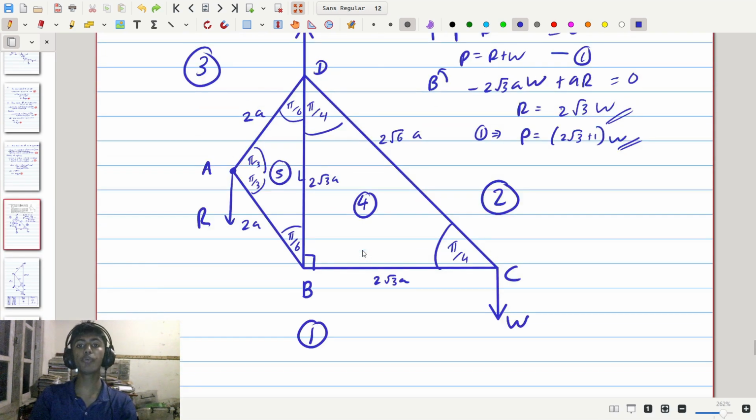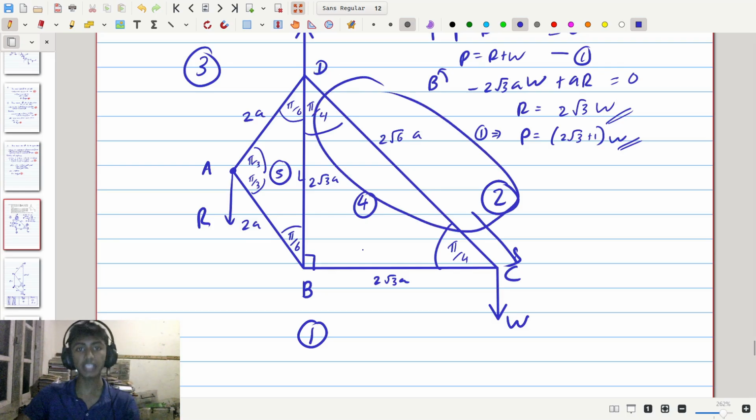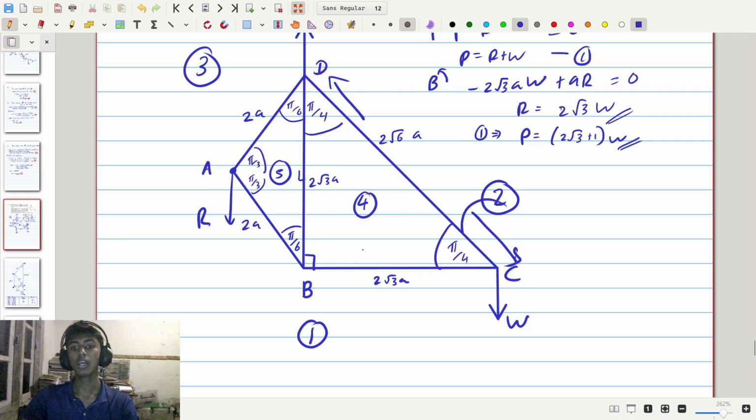So therefore the force experienced by the point C from the rod CD is in this direction, meaning that the force experienced by the rod CD from the point C is in this direction, and similarly the force experienced by the point D from the rod is going to be in this direction, and therefore the force experienced by the rod CD from the point D is in this direction, and we can see on this side is being pulled that way, on the other side is being pulled the other way.